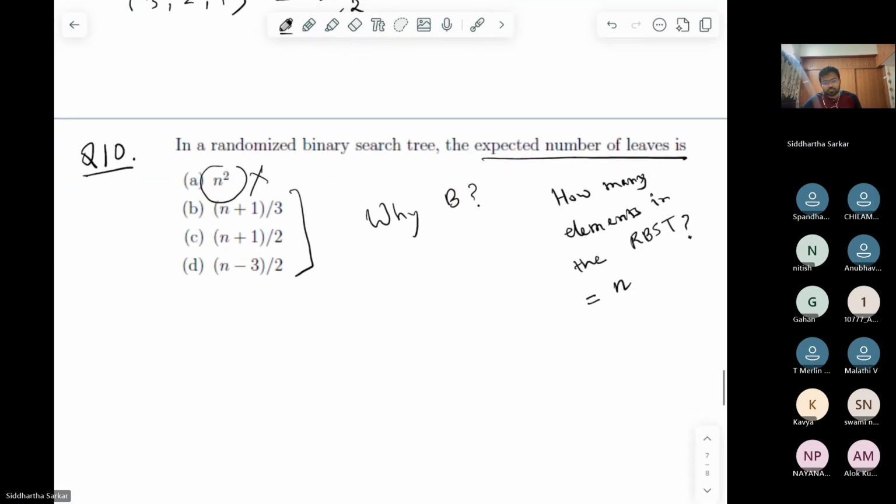Now, how is the randomized binary search tree constructed? You are given this set of numbers A1, A2, up to AN.